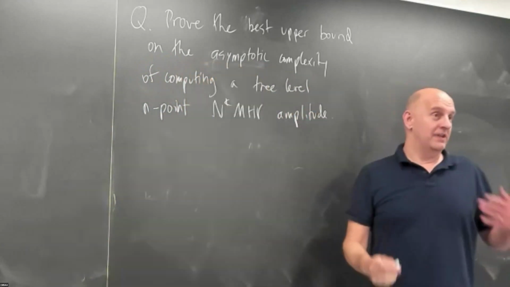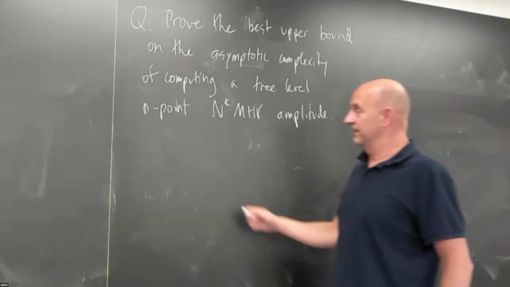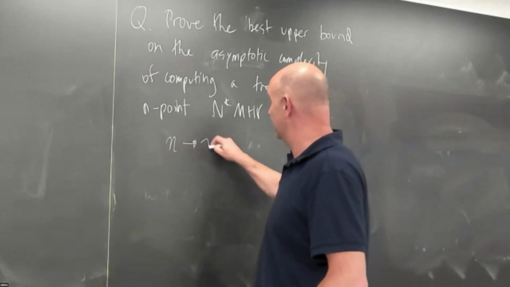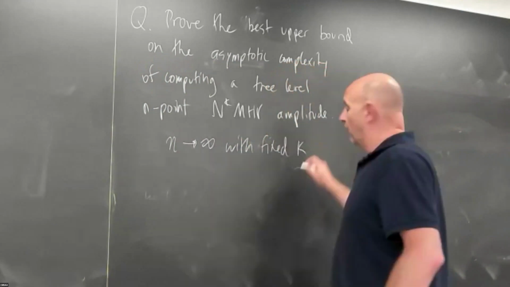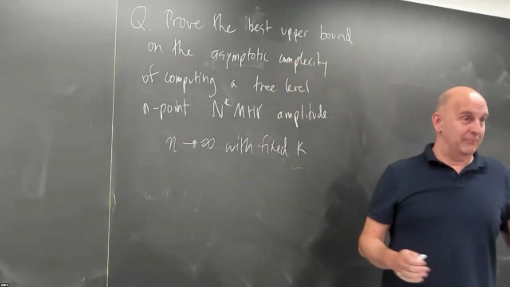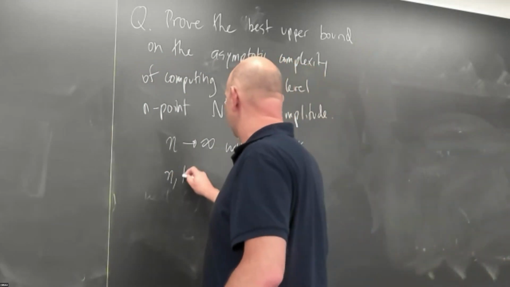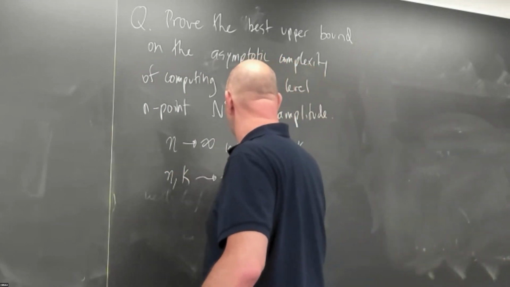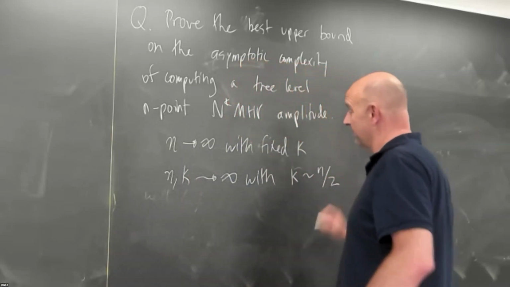And there are at least two interesting notions of asymptotics that you might consider. You might consider n to infinity with fixed k. Or you could consider a diagonal limit that probes the most complex amplitudes, which would be n and k to infinity with k like n over 2.